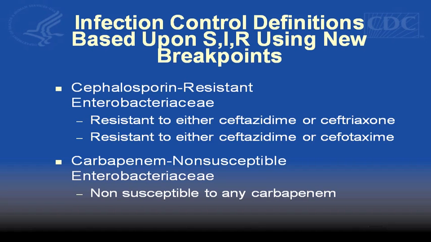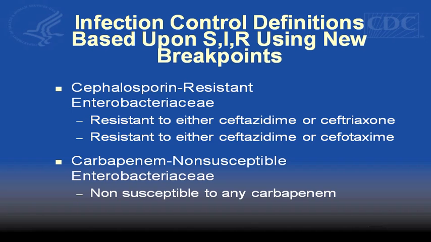Well, I'll propose that for defining cephalosporin-resistant Enterobacteriaceae, you could use the definition of isolates that are resistant to either ceftazidime or ceftriaxone. Alternatively, the definition could be isolates that are resistant to ceftazidime or cefotaxime.